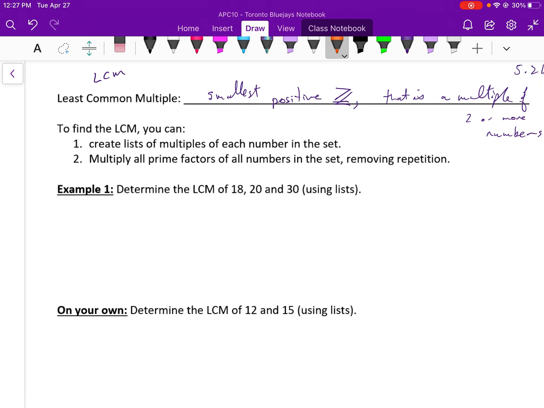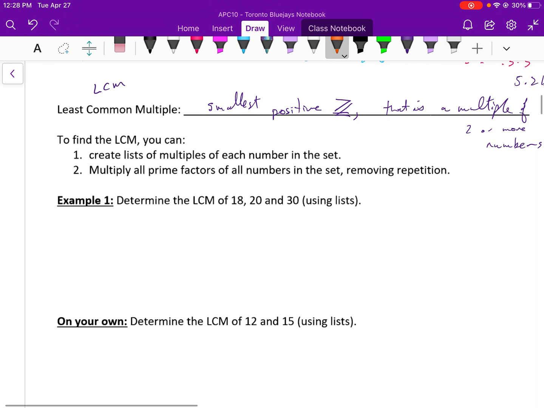Determine the lowest common multiple, or the least common multiple, of 18, 20, and 30. So I could use a list. I'm just going to write down 18, 20, 30, and I'm trying to think really hard here.